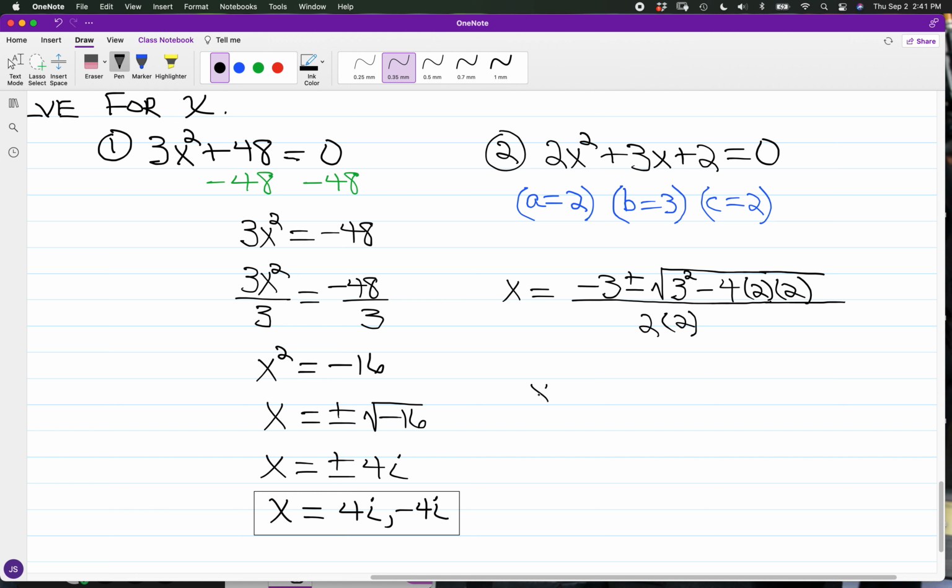Following through, we're going to have negative 3 plus or minus the square root. Now 3 squared is 9. Negative 4 times 2 is negative 8, and negative 8 times 2 is negative 16. And we have all over 4.